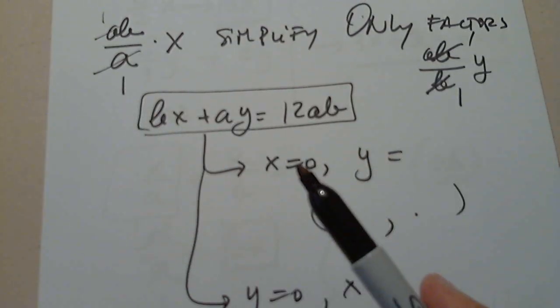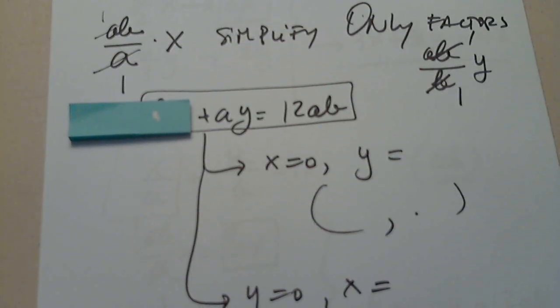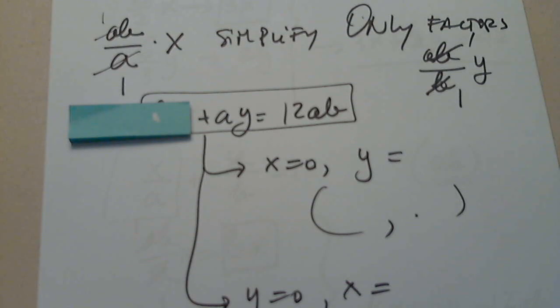And we make x equals 0. And we want to determine y. So let's determine y. Can anyone determine y for us? ab divided by a.